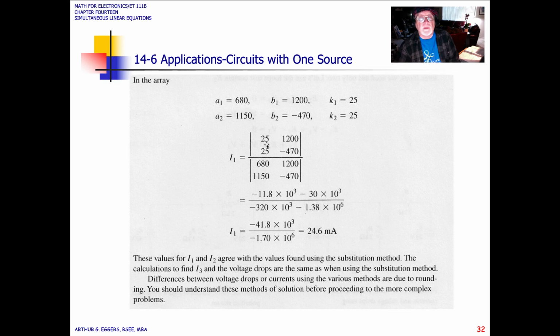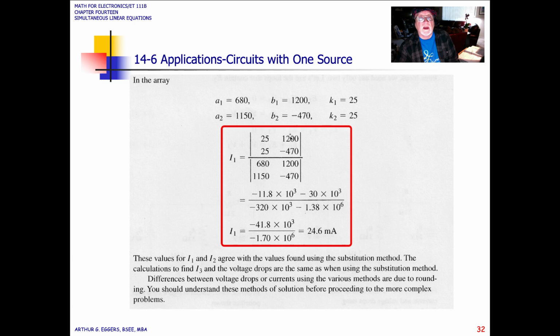So if we put them in determinant form, you can see A1, A2, B1, B2 in the denominator, K1, K2 in the numerator, B1, B2 in the numerator.